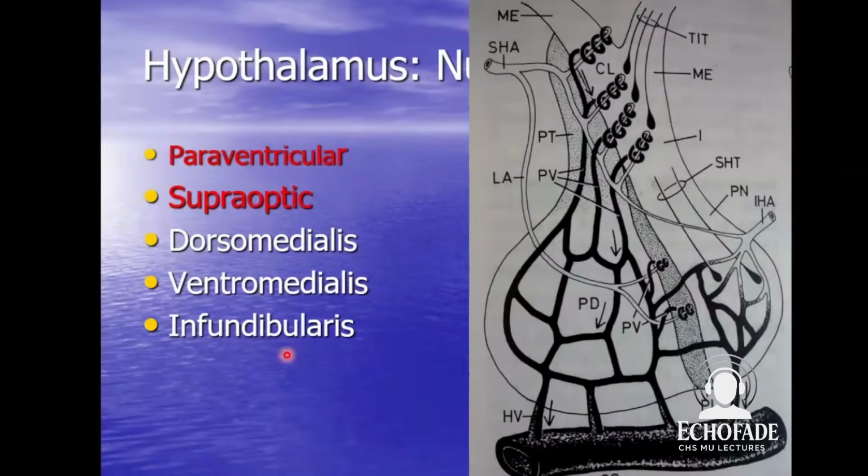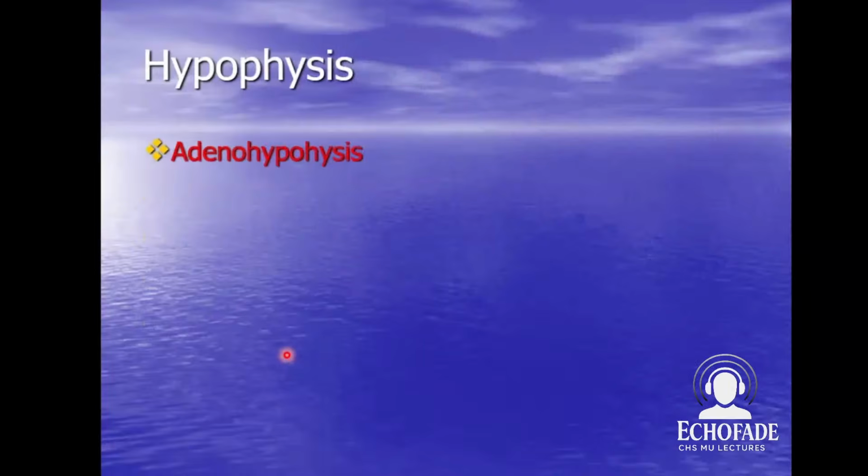So we have talked about the hypophysis, and the hypophysis has two parts. The adenohypophysis comes from Rathke's pouch. You can have three parts of the adenohypophysis. We have a pars tuberalis that comes to surround part of the infundibulum, the neural part.